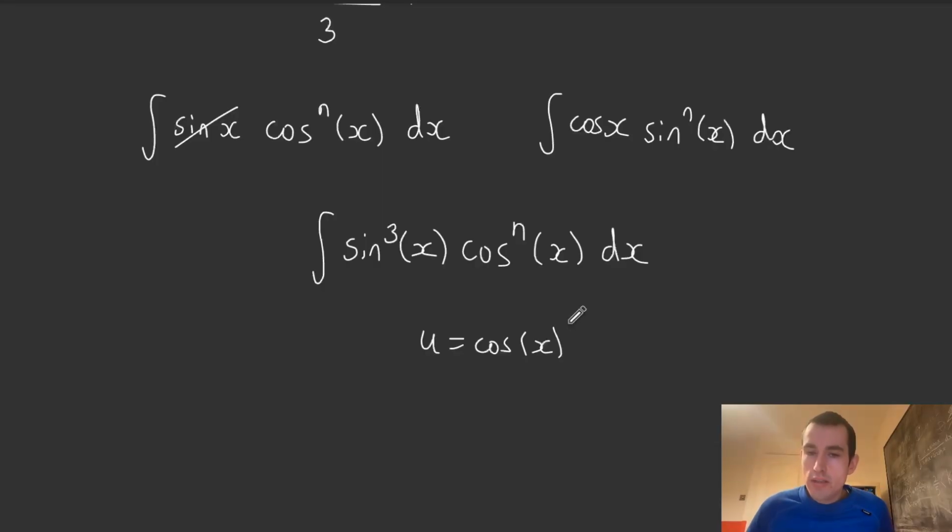The reason why this works is it will cancel out one of the sines and it will leave you with sine squared, but the sine squared can be written as 1 minus cos squared, which is 1 minus u squared.